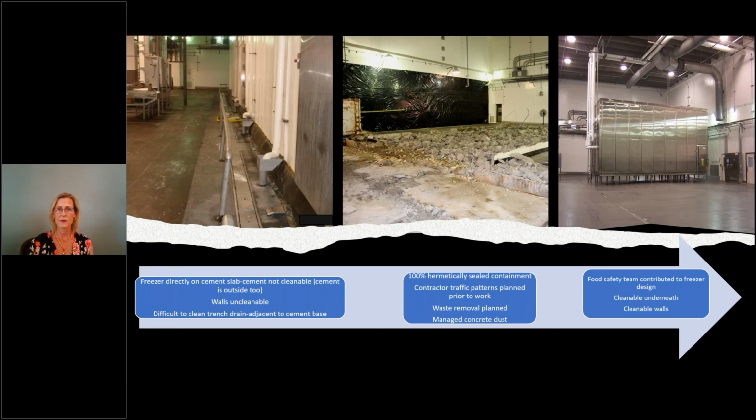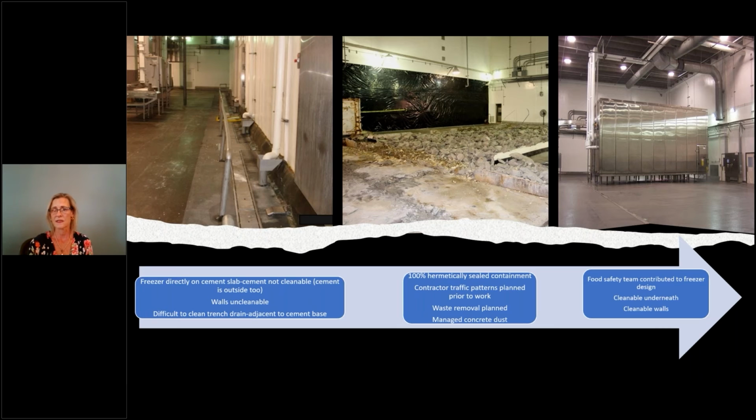And so this plant was able to manage this process by planning and by hermetically sealing or building temporary walls of a containment area, and monitoring the traffic flow and thinking in advance of how to remove contaminated product from the facility.